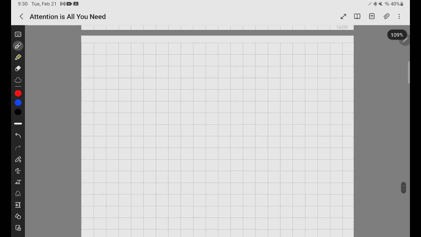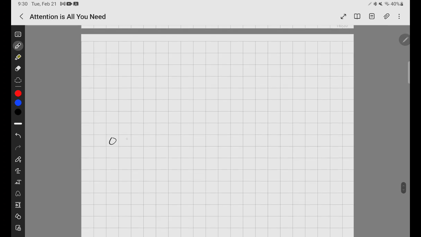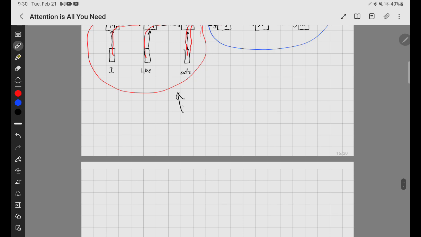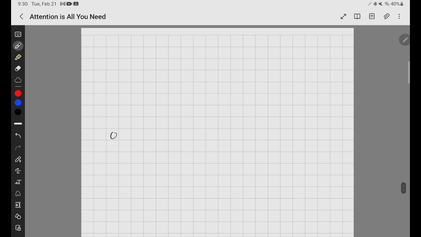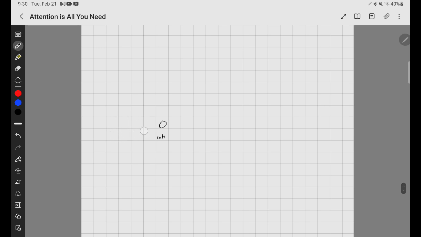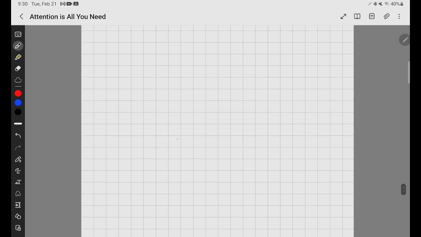So attention is given a sequence, just like above here, "I like cats". Let me draw it over here. So "I like cats" is a matrix of shape S by V, and I'm going to represent it as E now.